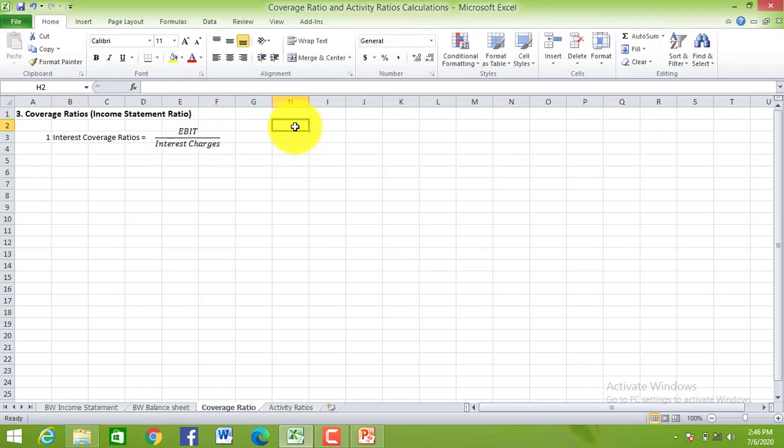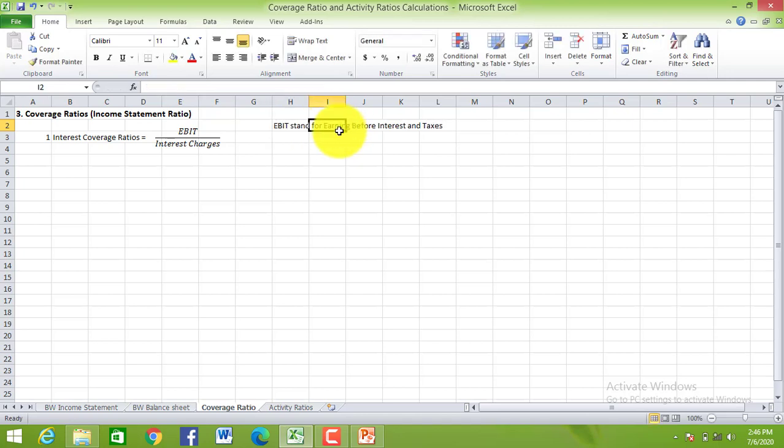So EBIT stands for earnings before interest and taxes.